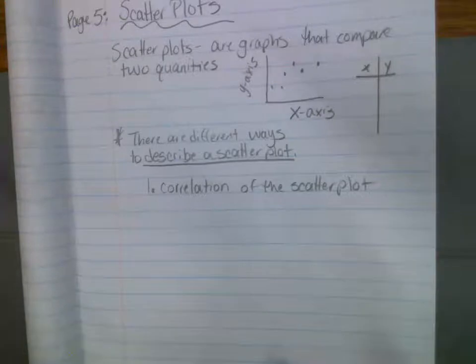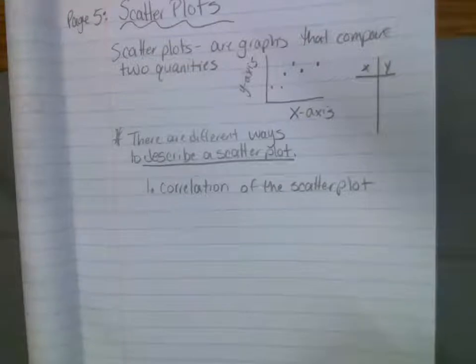This is the main way, really the only way that we're going to describe a scatter plot. There are so many other ways, but in this course we're going to just talk about one of those ways. And that's to describe the correlation.